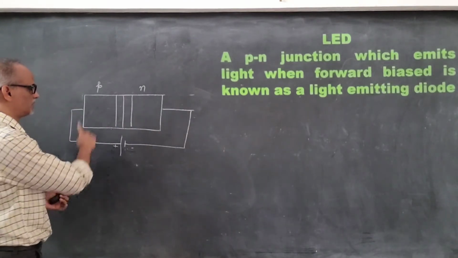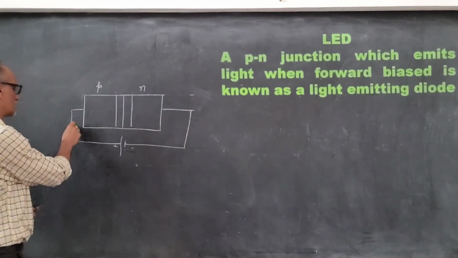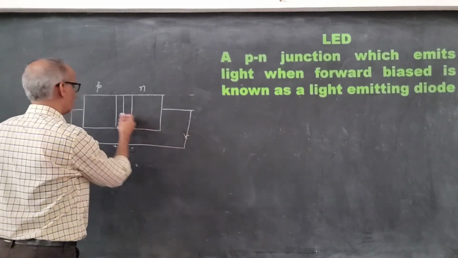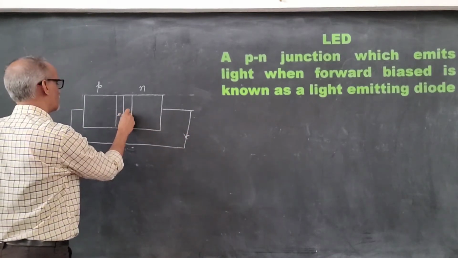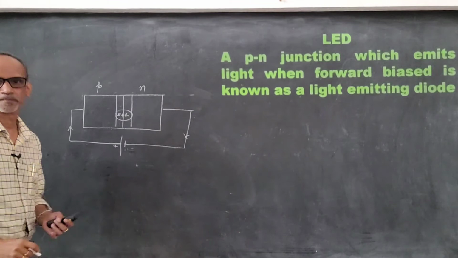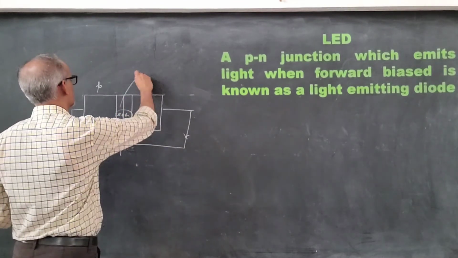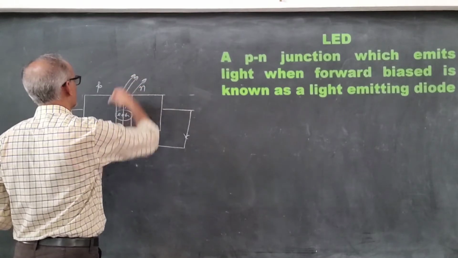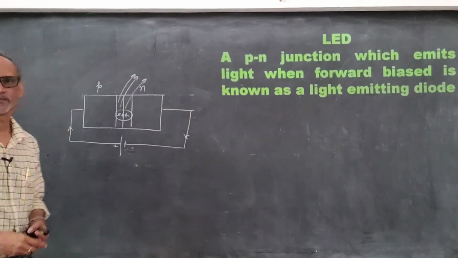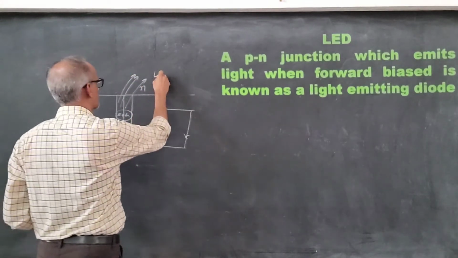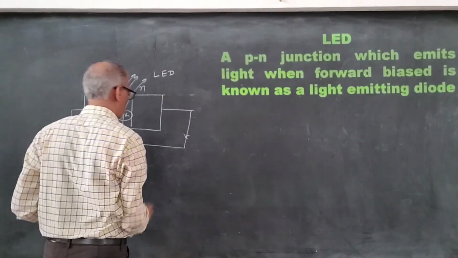Now, whenever the diode is connected in forward bias, the electron and hole combination takes place, and whenever they combine, they liberate energy, and that is emitted near the junction, and this kind of device is called a light emitting diode.